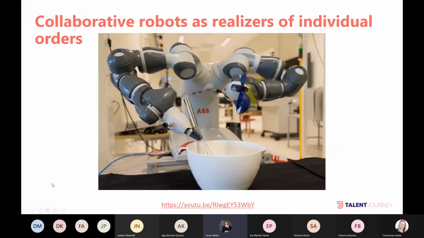Okay. This next example has also been done with collaborative robots found in our lab. This example demonstrates a situation where a user can place a desired order for robots, and together they perform a task.